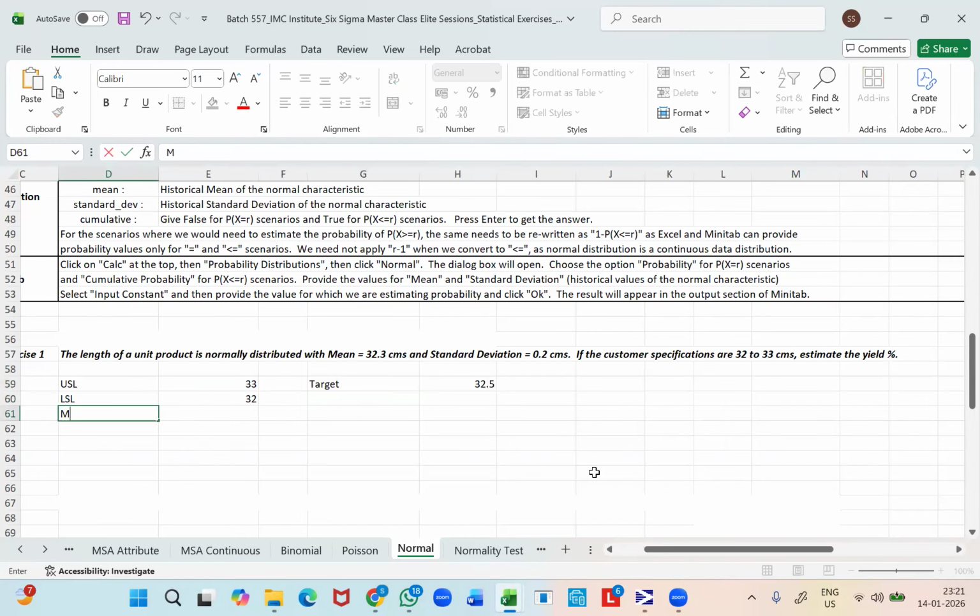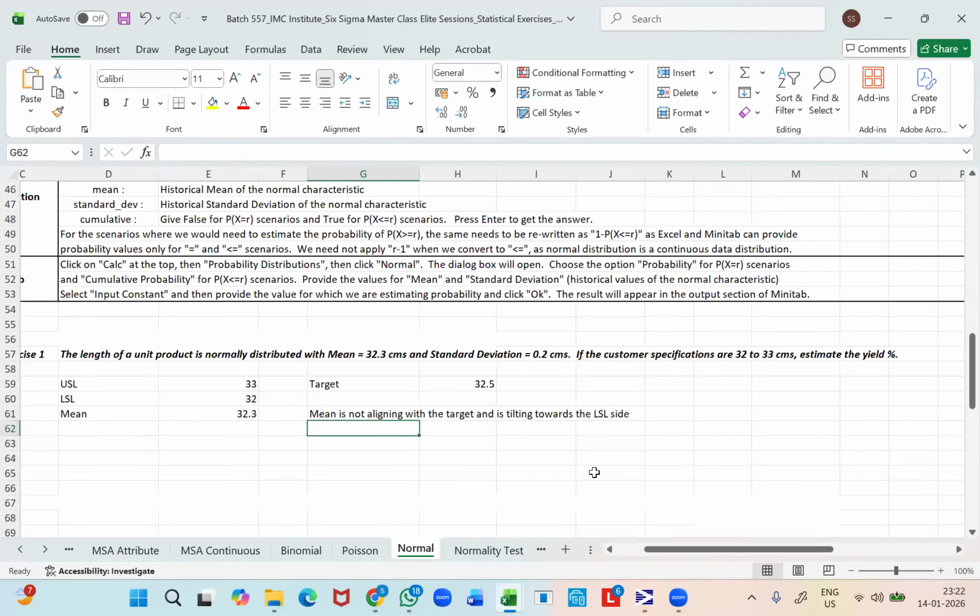The mean is 32.3, so we can understand that the mean is not aligning with the target and is actually tilting towards the LSL side. Whatever information we can gather, we need to summarize. And the standard deviation is given as 0.2, right?